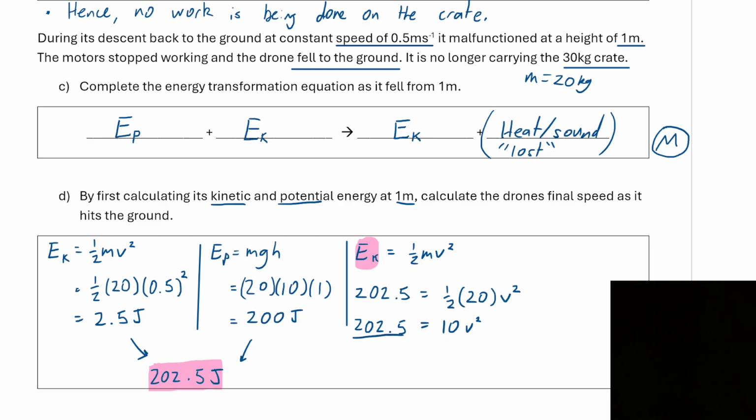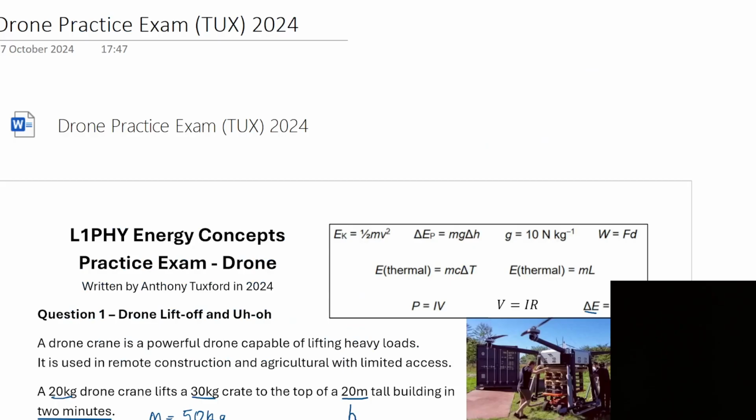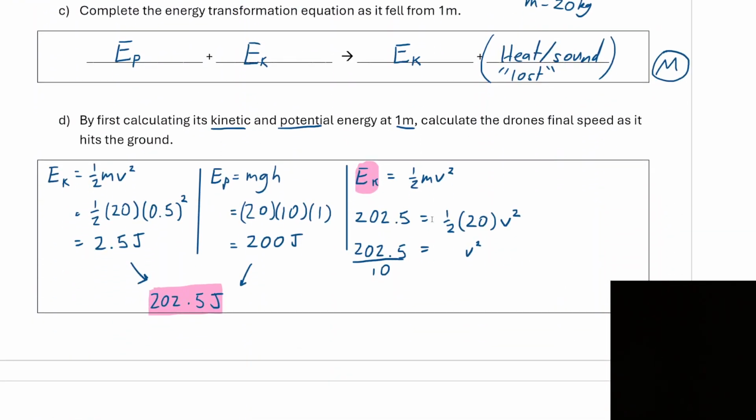So we need to divide both sides by 10. Because what's 10 divided by 10? Come on. What's 10 divided by 10? 1. So that means we don't need to write the number at the front. And 202.5 divided by 10, well, we shift the decimal 1 to the left, so 20.25.